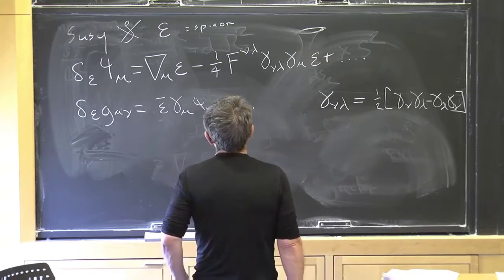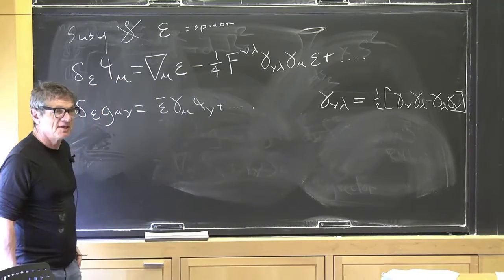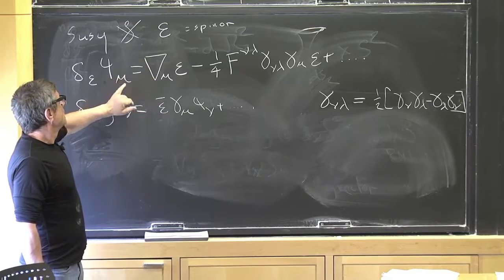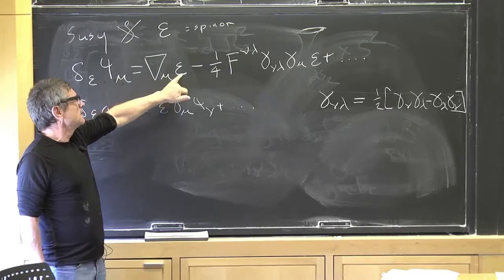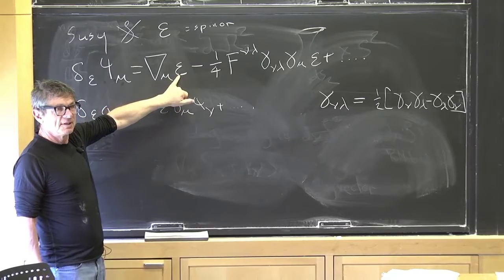So the first thing to notice about this, it involves a spinor. And since psi is anti-commuting, epsilon better be anti-commuting.